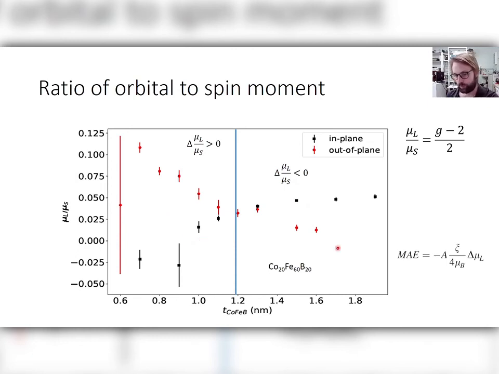So maybe it is connected to this formula, where the change of the sign of delta μ is related to the change of the sign of the magnetic anisotropy energy.